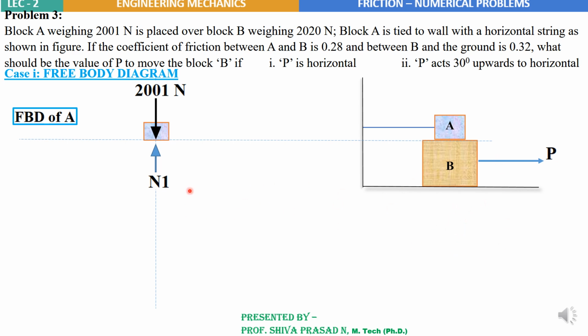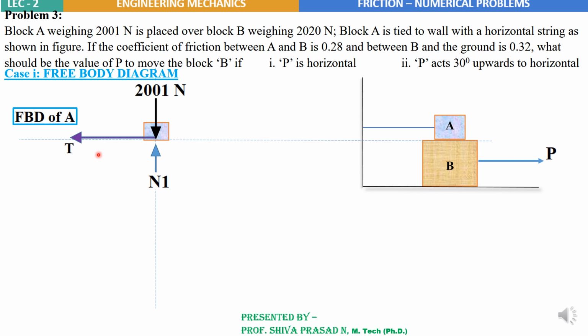So N1 acting in the upward direction. Next, this block is tied with a string to the wall, so there is a left side force, a tension in the string, which we represent by the letter T.